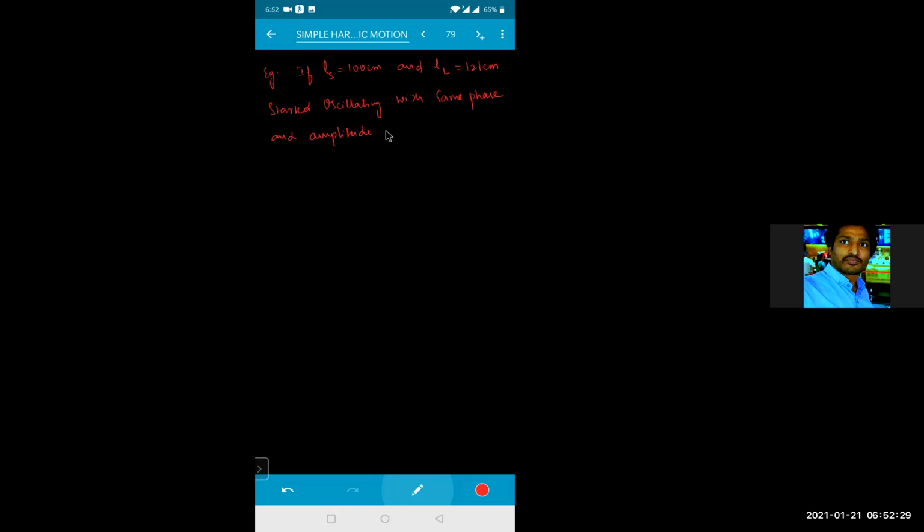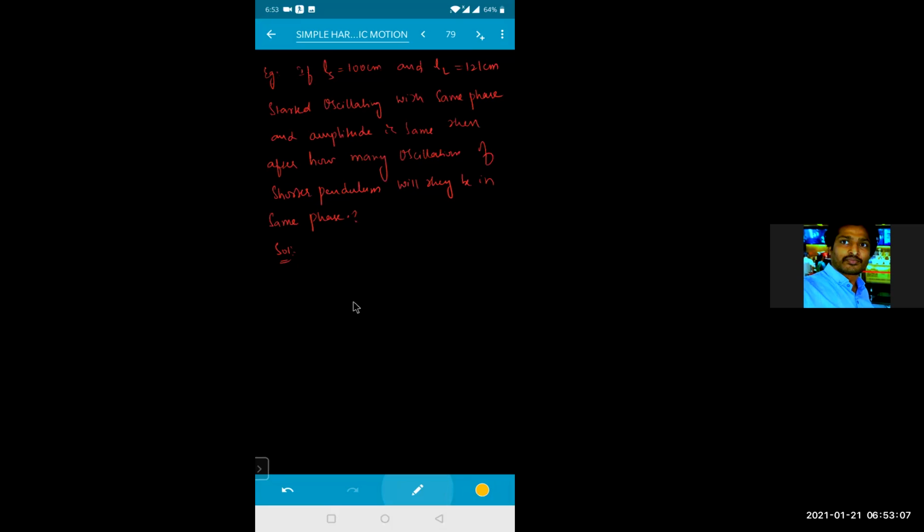Then after how many oscillations of shorter pendulum will they be in the same phase? Okay, so this is the question.